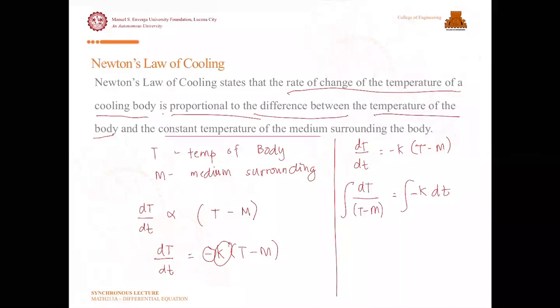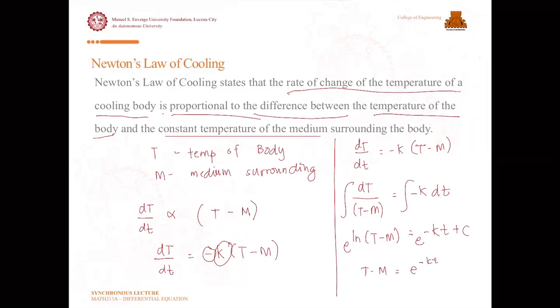Okay? So pag kinuha natin yan, this will be ln (T minus M) is equals to negative kt plus c. Okay? And then, para ma-eliminate yung ln, pwede natin i-raise sa e, both side of the equation. So pag ni-raise natin sa e, this will be now T minus M is equals to e raised to negative kt plus c.